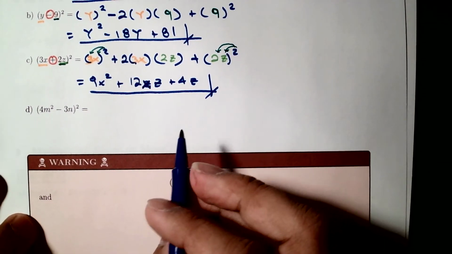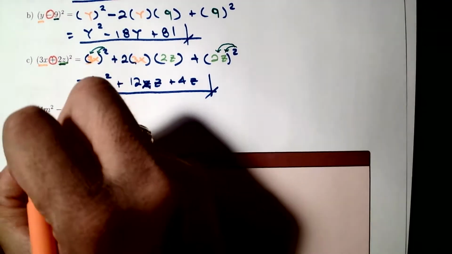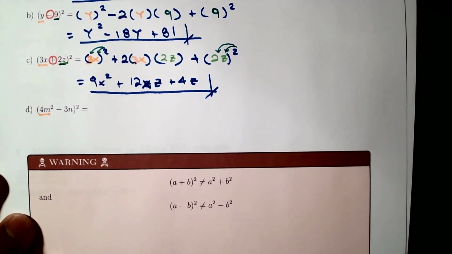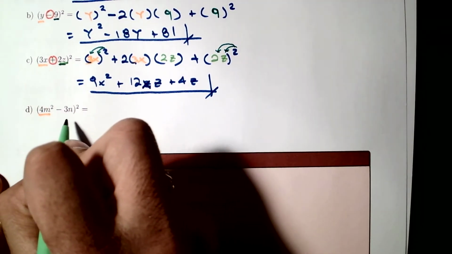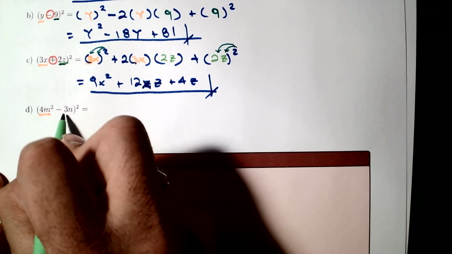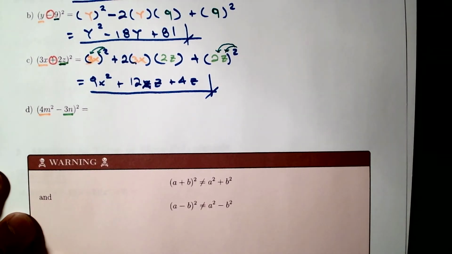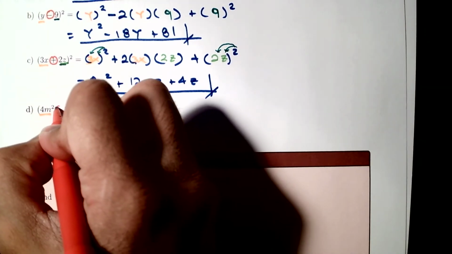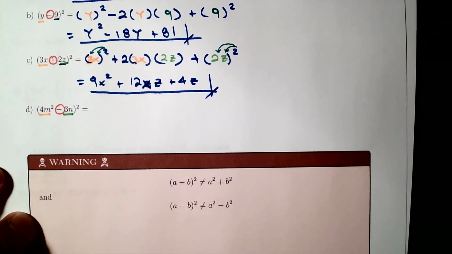So in this case, m squared is going to play the role of a, and 3n will be the b. Notice the negative sign in between.